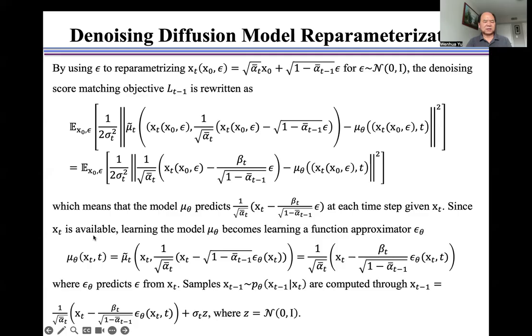Since xt is available, learning the model mu theta becomes the learning of function approximator epsilon theta as shown here, where epsilon theta predicts epsilon from xt. Samples xt minus 1 are computed from this sampling, where z is a normal distribution.